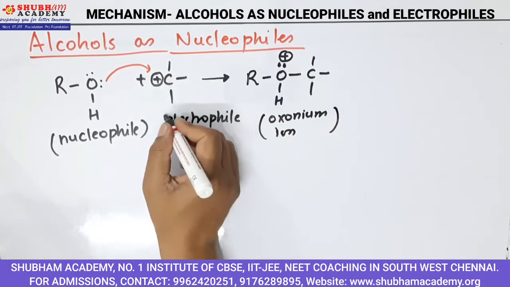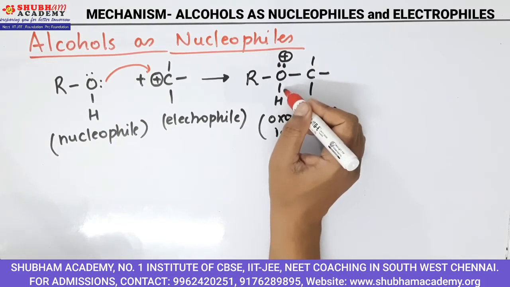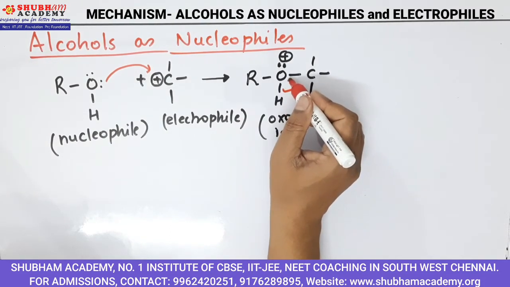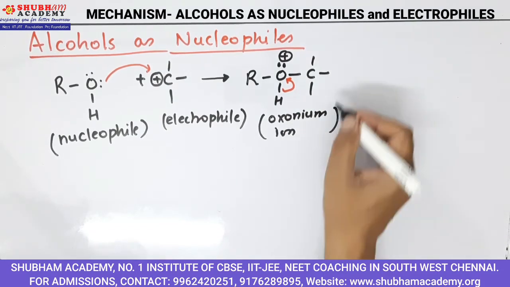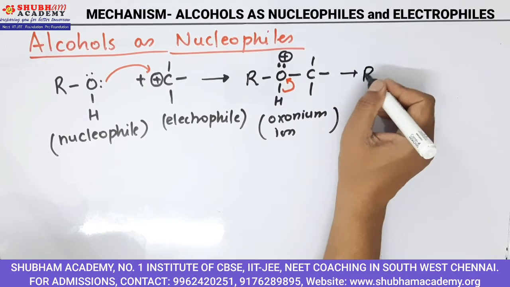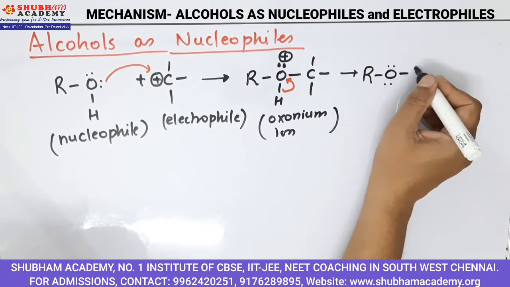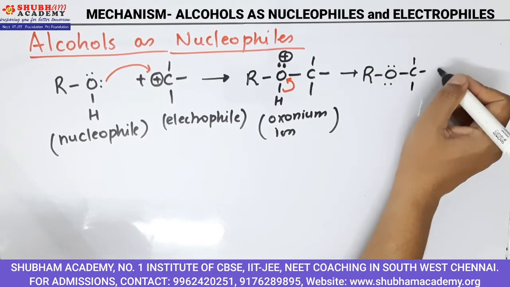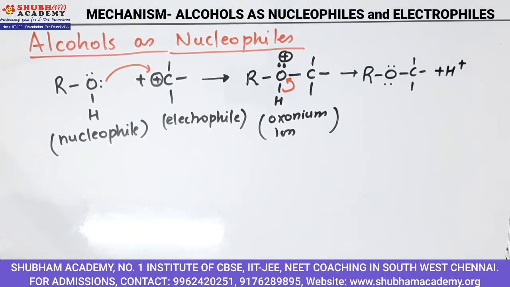Now once oxygen gets a positive charge, its electronegativity increases, it will pull the electrons of hydrogen, hydrogen will come out as H plus ion, and as a result we get ROC, okay, and this will come out as H plus, right?